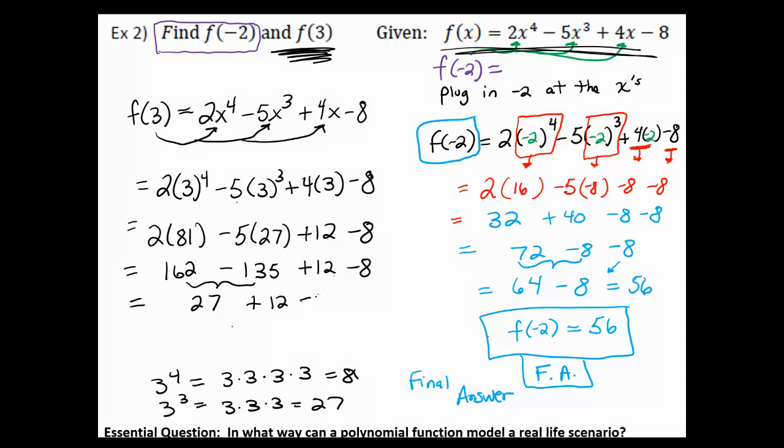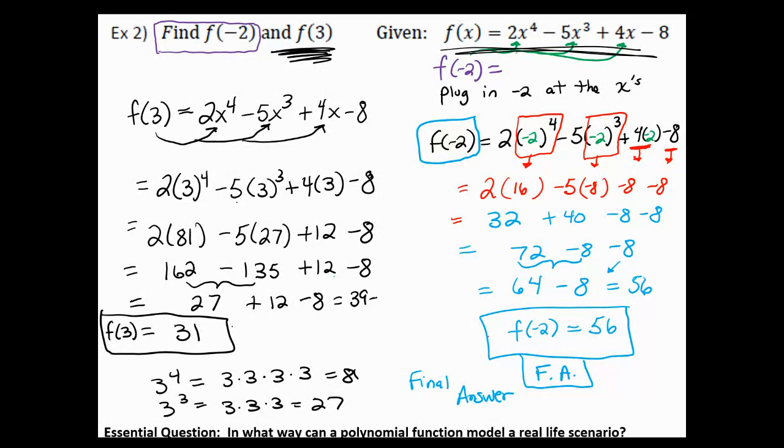And I bring down plus 12 minus 8. So 27 plus 12 minus 8. For f of 3, I got 31. 27 plus 12 is 39, minus 8 is 31.